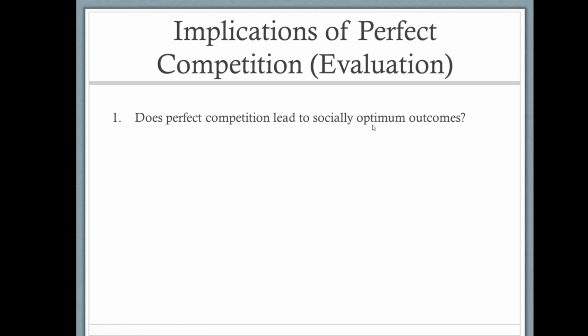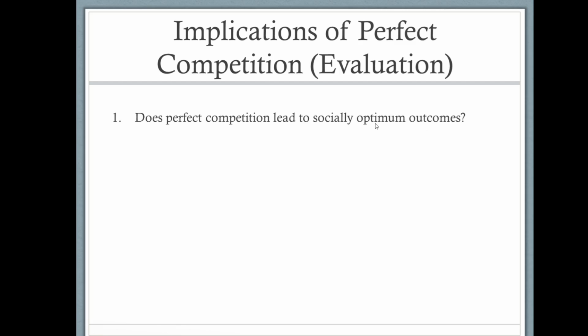What kind of efficiency are we talking about here? Allocative. Does it matter that in the short run and long run we will have a different result? No, right? Either way you will see allocative efficiency.